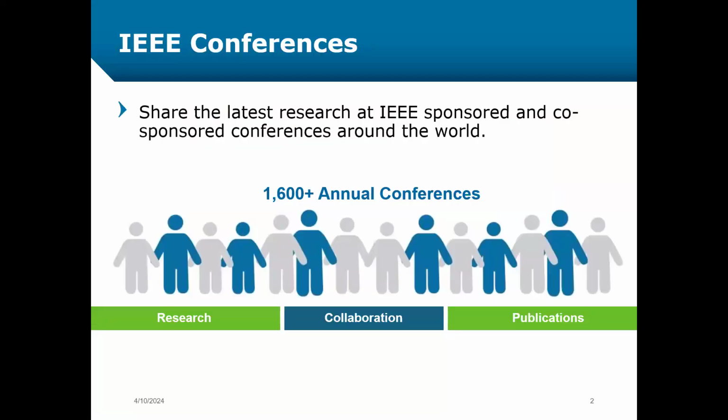So the first thing is about these IEEE conferences. You might be aware of these conferences. In Sri Lanka also, we have several IEEE conferences, more than 10 now. If the IEEE tag is there on a conference, it means it is going to be quality checked by the IEEE guidelines.